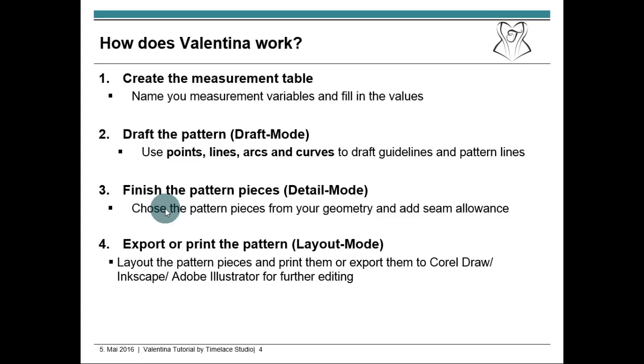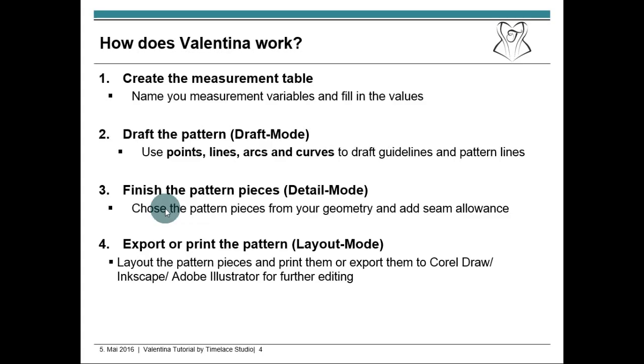So now how does Valentina work? Every pattern in Valentina will go through these 4 steps. The first step is to create a measurement table where you will define your measurement and fill in the values you measured on your body. And the next step is to draft the pattern in the draft mode. You can use points, lines, arcs and curves to draft the pattern guidelines and pattern lines.